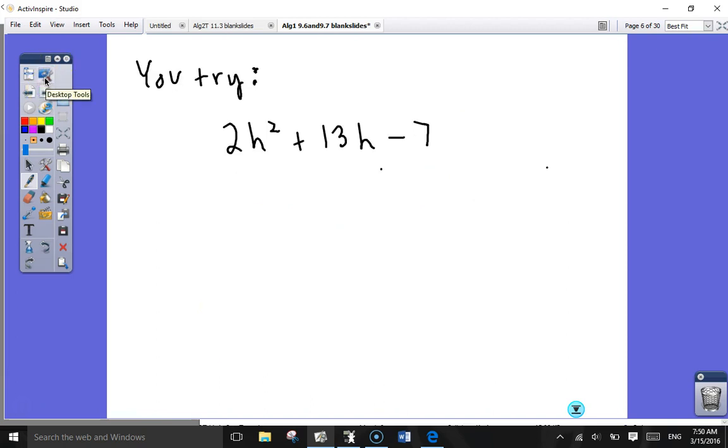So try this one. See if you can come up with the right factors. Again, the coefficient of the first term is 2. It's only got two factors. It's going to be 1h times 2h. You know that. You just have to figure out where the factors of negative 7 go.